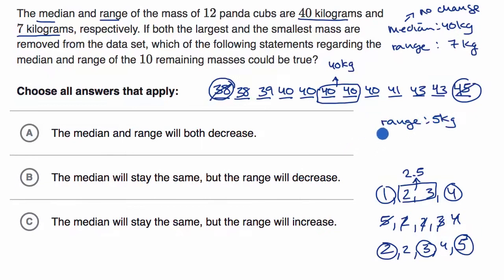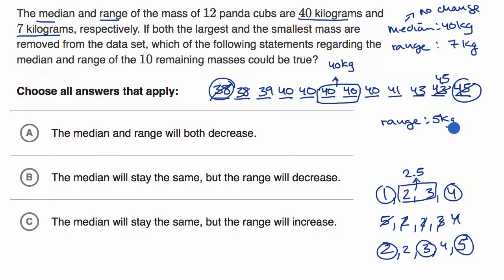Now, that doesn't always have to be the case. It definitely can be true that the range goes down, but you could have a situation where this was also a 45, in which case the range wouldn't change. But it's definitely possible for the range to go down. So it's actually impossible for you to construct some numbers where the median changes at all. The median is not possible to change, but it is possible that the range goes down.